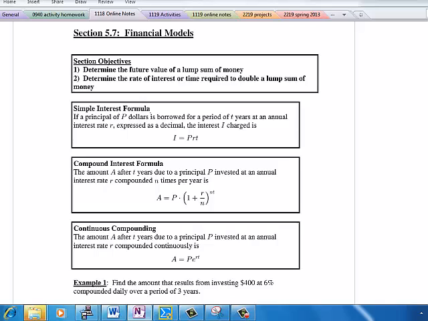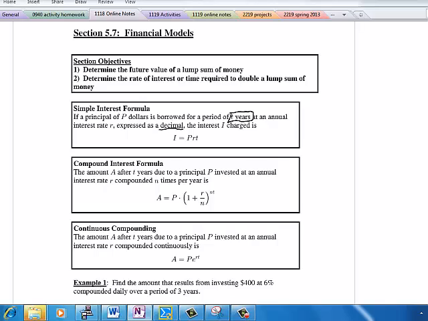The first is just called the simple interest formula. This formula applies if interest is compounded just one time per year. It says if a principal of P dollars is borrowed, so P is the initial amount borrowed, for a period of T years, so T has to be in years, at an annual interest rate R, expressed as a decimal, interest charged is I equals the principal times the rate times the number of years.